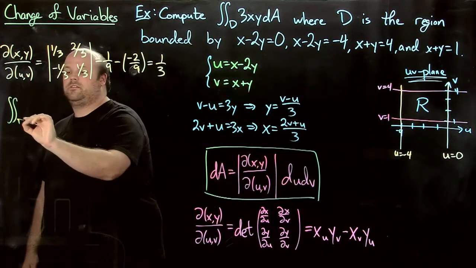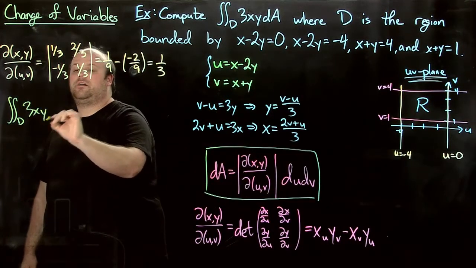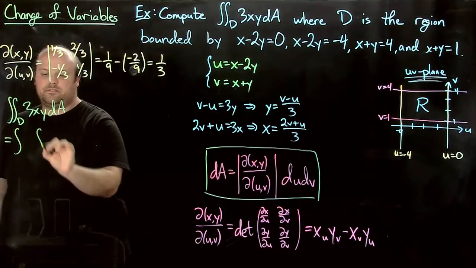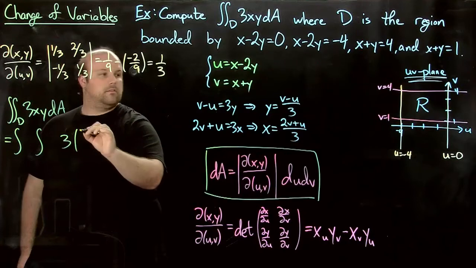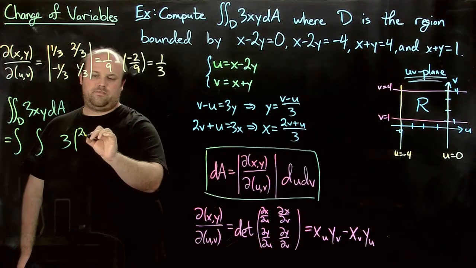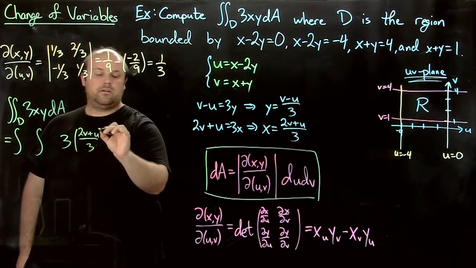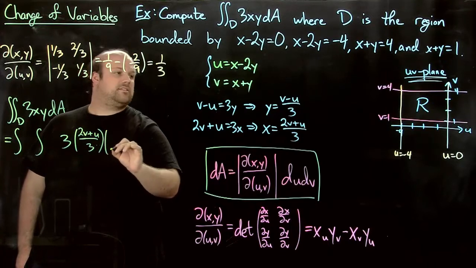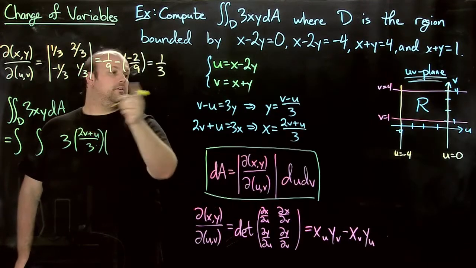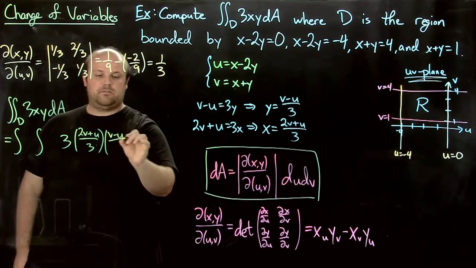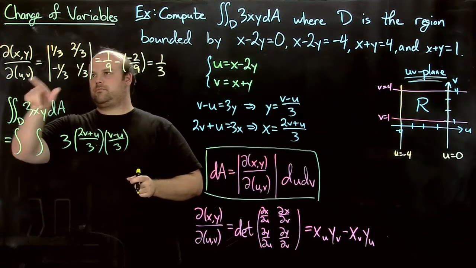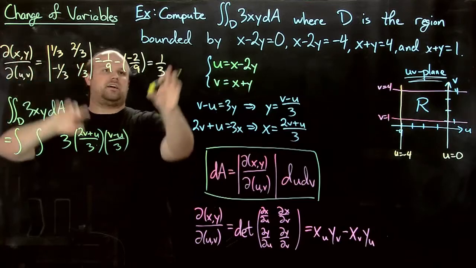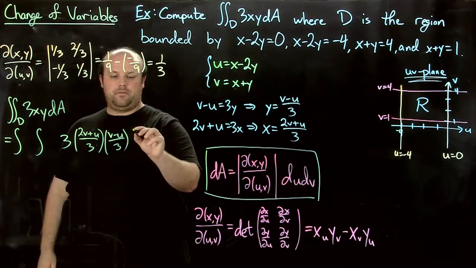So double integral over D of 3xy dA. So double integral. Now for x we plug in (2v plus u) over 3 times y is (v minus u) over 3. And then the absolute value of this guy, that's just 1/3.